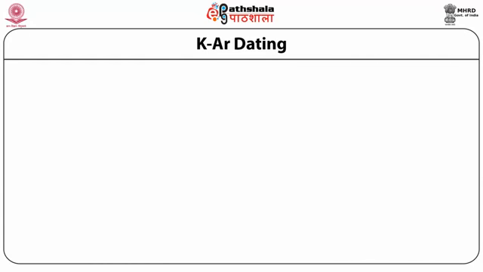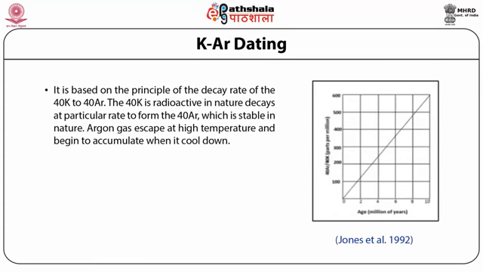Potassium argon dating. This dating technique was developed by Arnold to date very old depositions of volcanic rock, igneous rock and minerals. It is based on the principle of the decay rate of potassium-40 to argon-40. The potassium-40 is radioactive in nature and decays at a particular rate to form argon-40, which is stable in nature. Argon gas escapes at high temperature and begins to accumulate when it cools down.